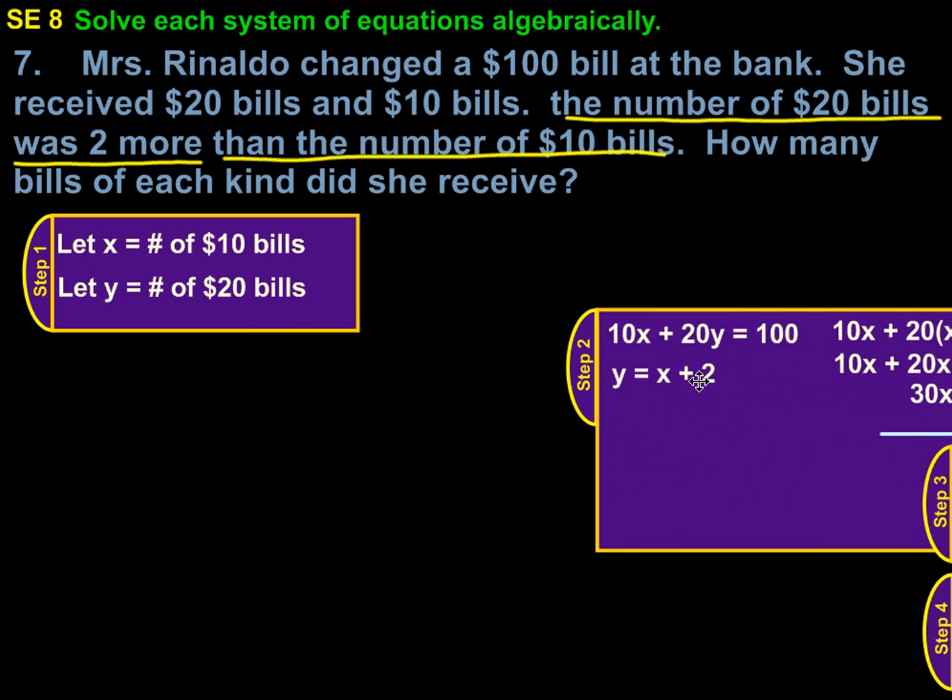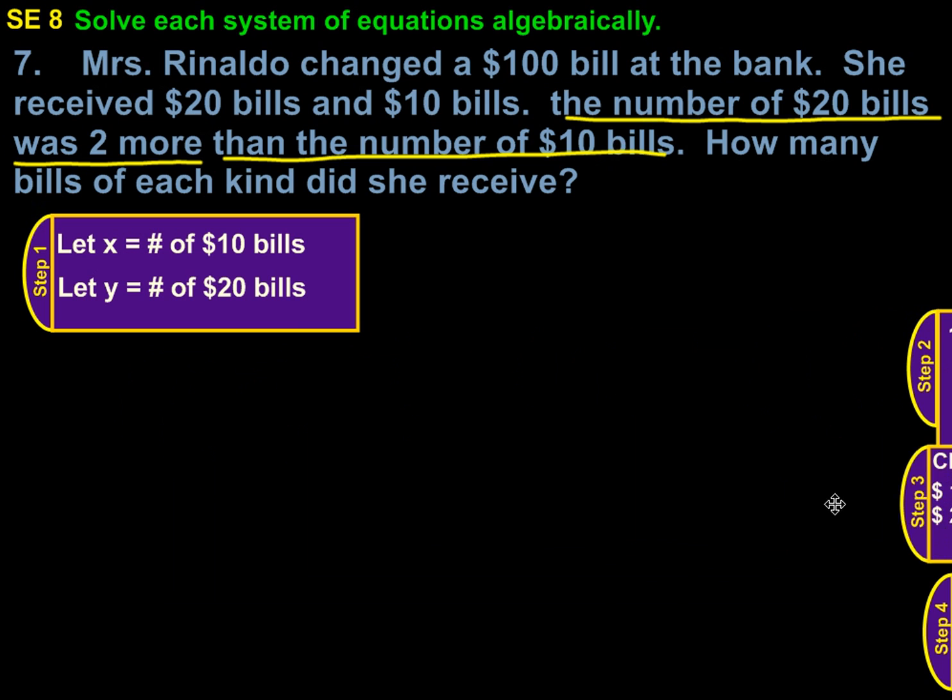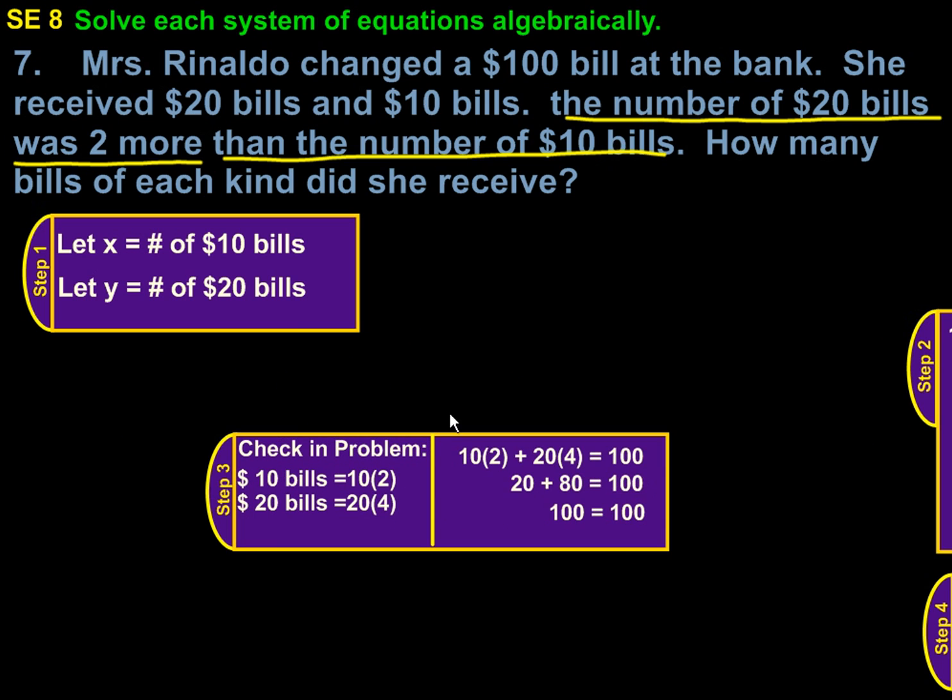Now we can check to see if that actually makes sense. And we'll do that by putting it back into the equation, into the word problem. So based on my outcome from step 2, I feel that I had $10 bills times 2, and I feel that I had $20 bills times 4.